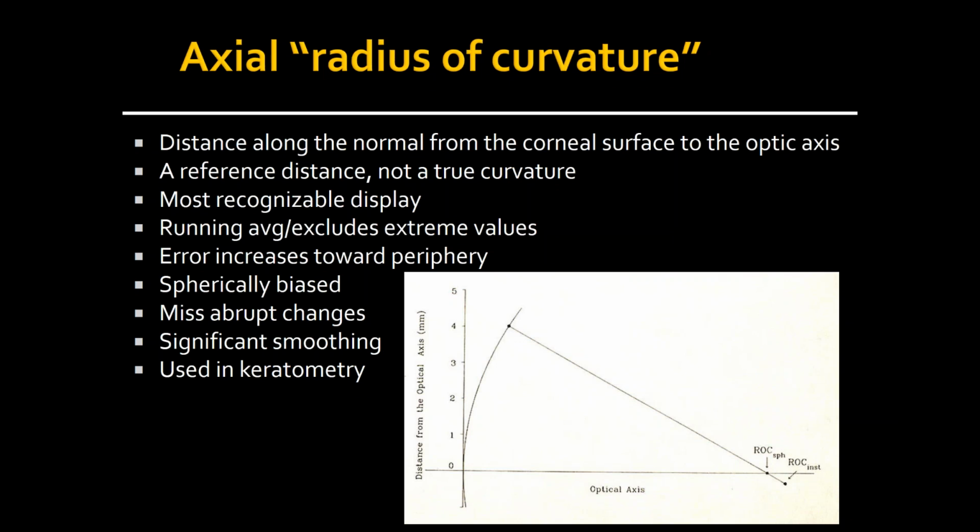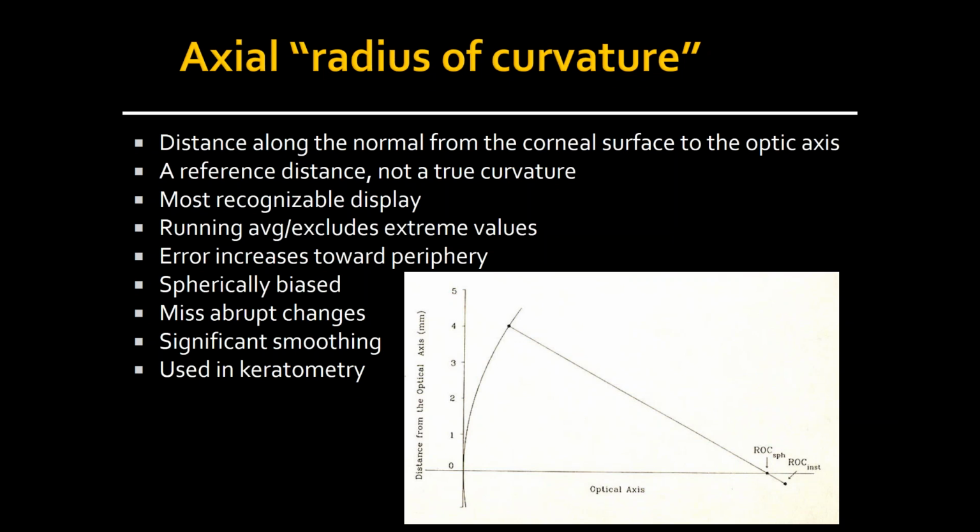So the normal aspheric nature of the cornea is ignored, and because of that, it results in some significant assumptions being made and some errors that occur, particularly out toward the periphery of the eye. Also, there's some significant smoothing to try to account for certain things, including the fact that on all Placido disc topographers there's a camera in the dead center of the instrument, so all the data within the central 1 to 1.5 millimeters is extrapolated data.